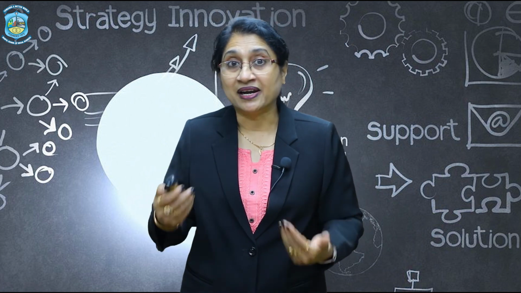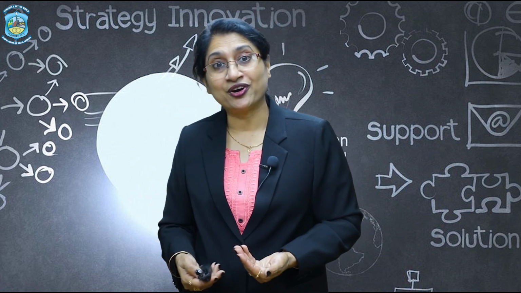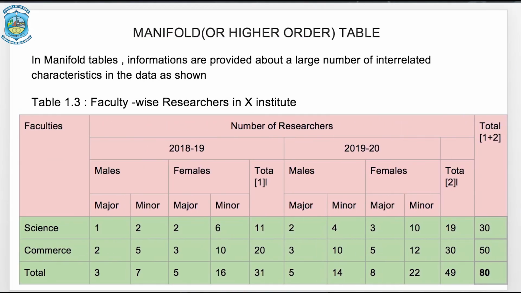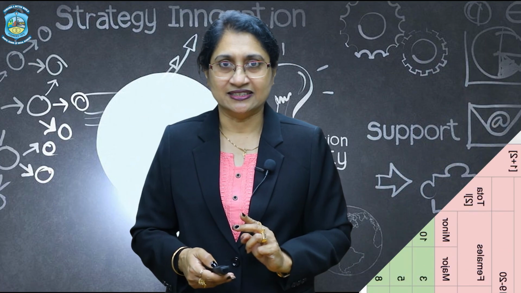To make it a manifold or a higher order table, you will find the details are more. So, it is a 2-year calculation showing the details of the entire faculty with the male and the female separation, with the number of major and minor projects undertaken for 2 different years.